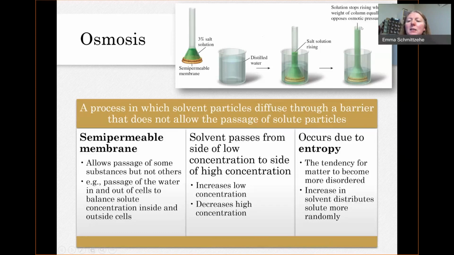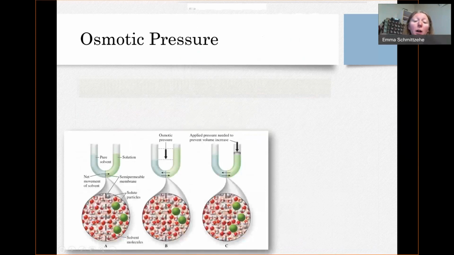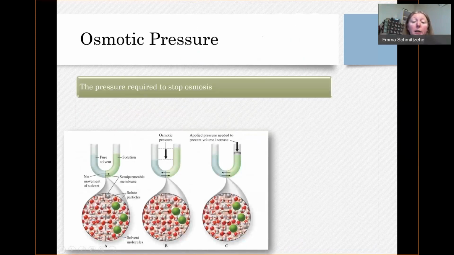It's because of the pressure from the outside, just the air on top of it, just the gravity pushing down on it, applying enough pressure to stop that flow. That pressure is called osmotic pressure. The pressure required to stop osmosis, or to stop osmotic flow, is the osmotic pressure.